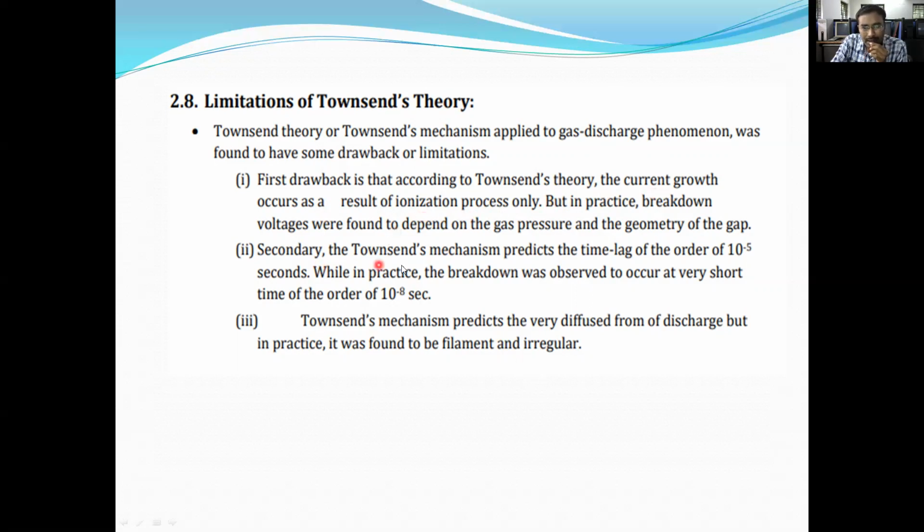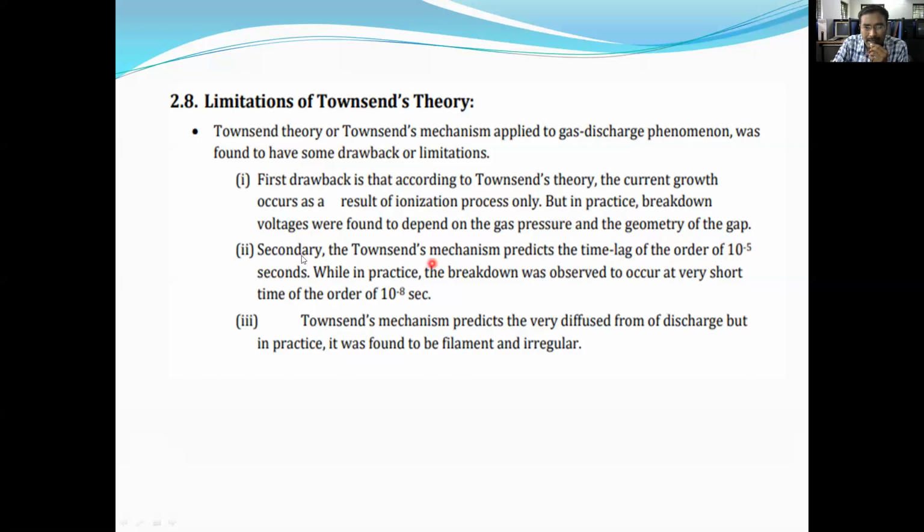The second one: Townsend's mechanism predicts a time lag of 10 to the power of minus 5 seconds, while in practice, breakdown was observed to occur in a very short time, on the order of 10 to the power of minus 8 seconds. This is very little time for the spark to appear across the gas, but the assumption predicts a time lag of 10 to the power of minus 5 seconds.